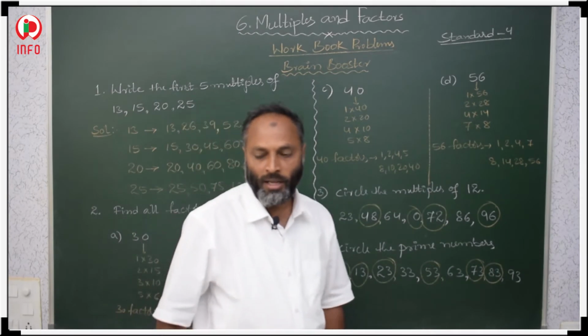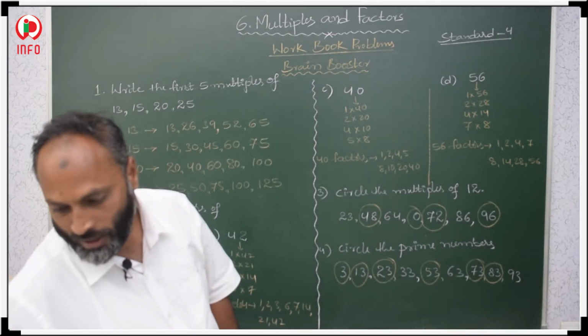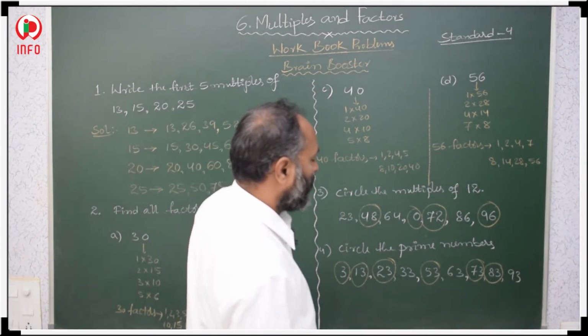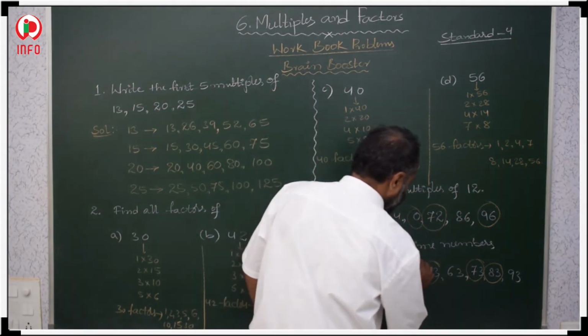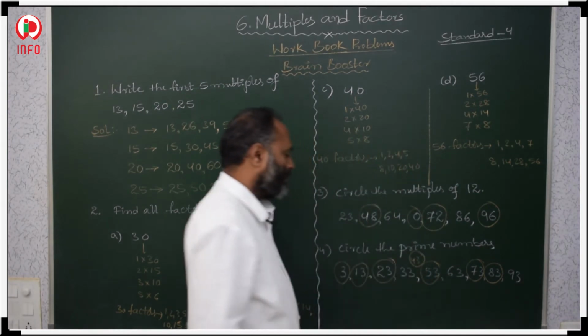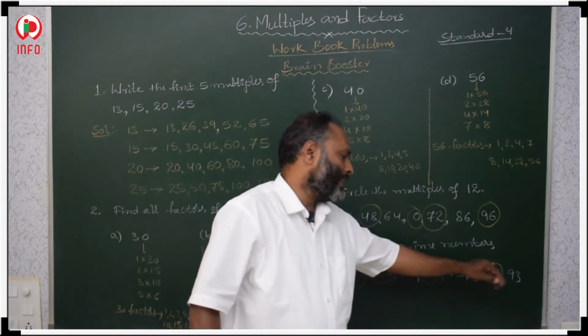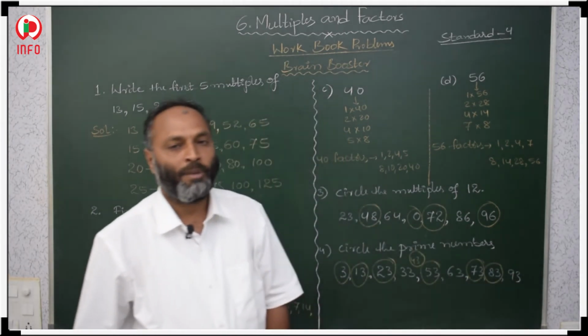In between, 43 is also there, so 43 is also a prime number. 3, 13, 23, 43, 53, 73, 83, these all are prime numbers.